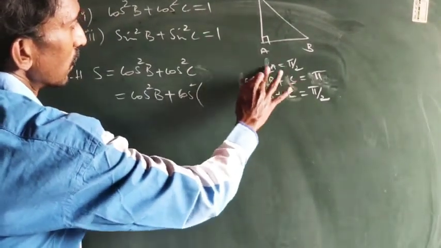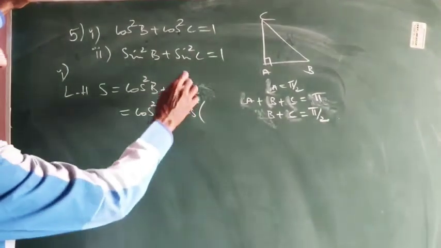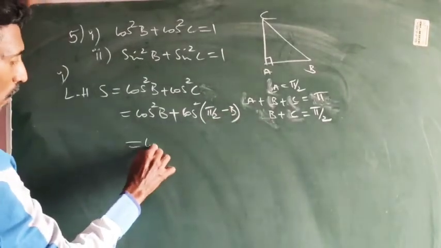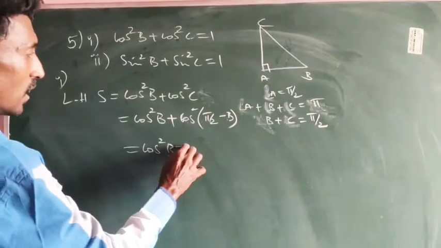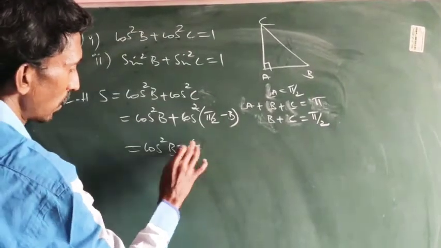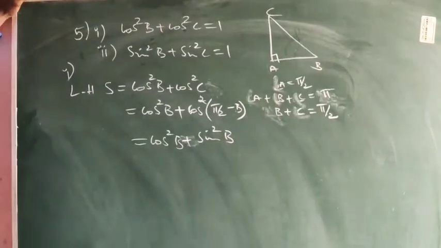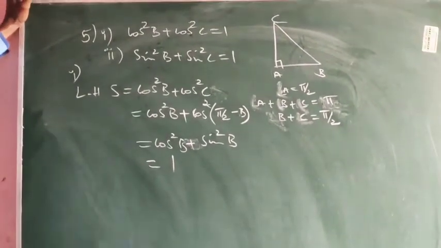Now B plus C equals 90, that means C equals 90 minus B. So cos(90 minus B) is sin theta, and since the square is present, it is sin square B. So cos square B plus sin square B, a well known answer, is 1. That is the RHS.